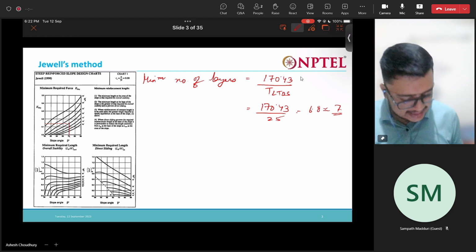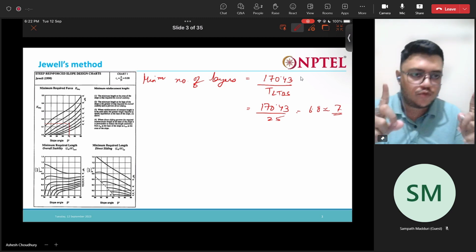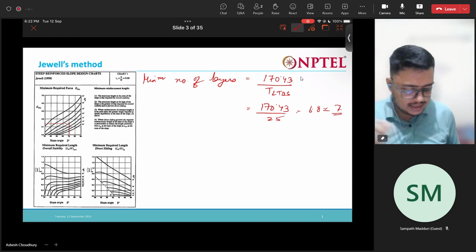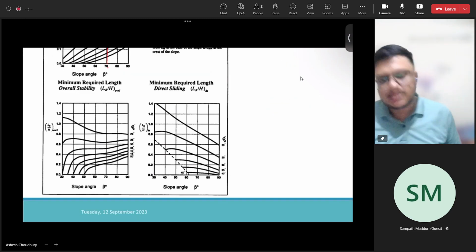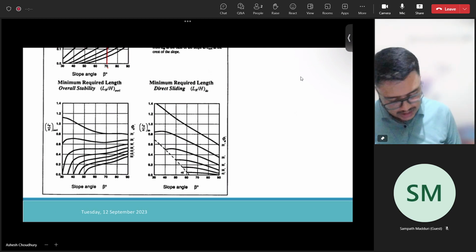Now the next step is to get the lengths of the reinforcement. For that we will use these two charts, one for overall stability and one for direct sliding. Let us see for overall stability.